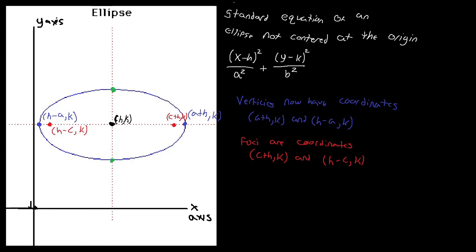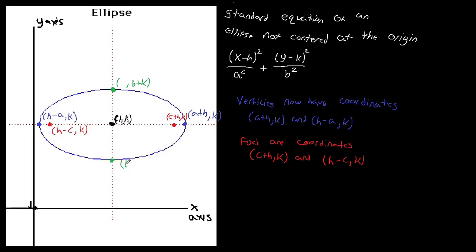Then finally, we have the co-vertices. The co-vertices suffer from the same thing, but they're suffering in the y direction. Before, if you go from the center to one of the co-vertices, that distance was b. Well, now it's not just b. Up here, it's b plus k, and down here, you would go up k and go back b.